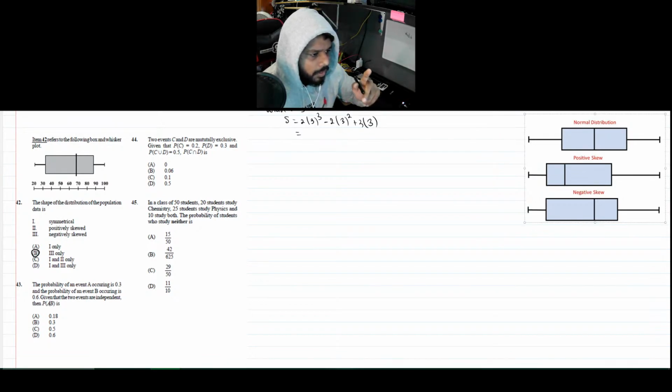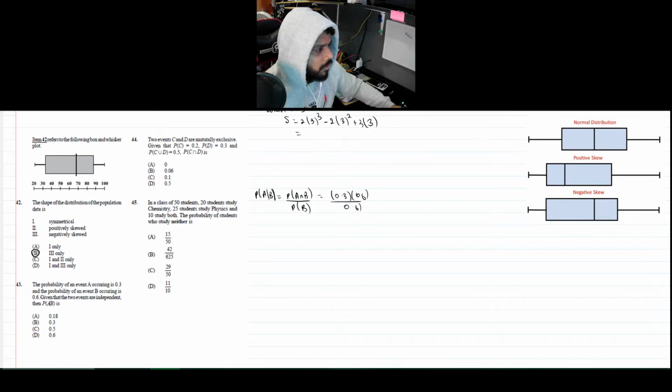Given that the two events are independent, the probability of A given B is the probability of A intersect B over the probability of B. Given that there are two independent variables, the probability of A intersect B is the probability of A multiplied by the probability of B, over the probability of B, which is 0.6, sorry. Oh, yeah, 0.3.